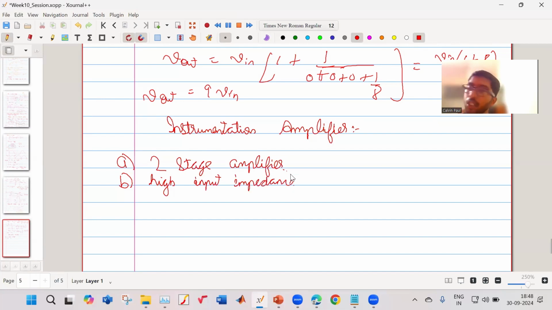That is why we use it. So is there any problem when we use single stage amplifiers, that we are going for two-stage amplifiers?